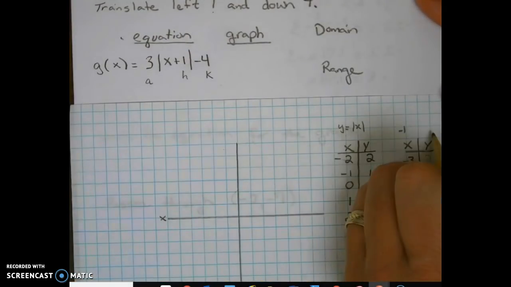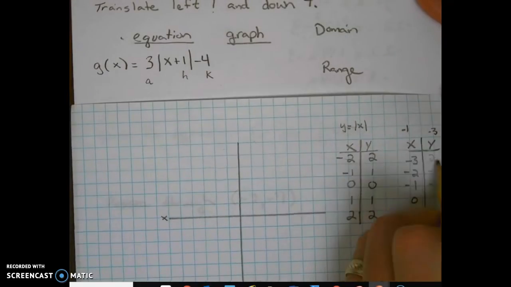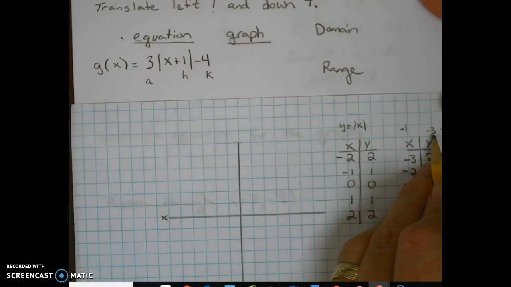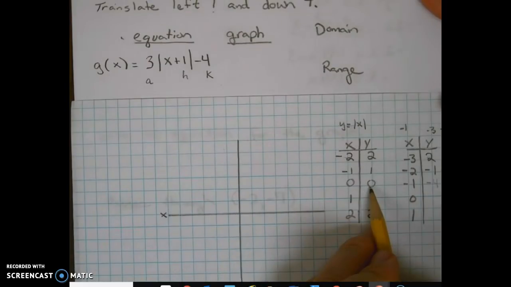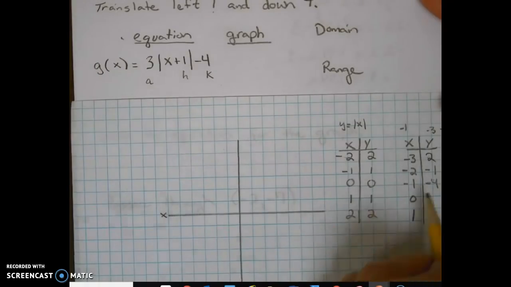So times 3 minus 4. So 2 times 3 is 6, 6 minus 4 is 2. 1 times 3 is 3, minus 4 is -1. 0 times 3 is 0, minus 4 is -4. And it's symmetrical.